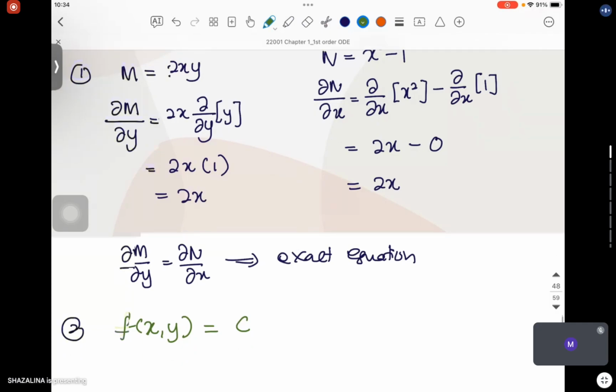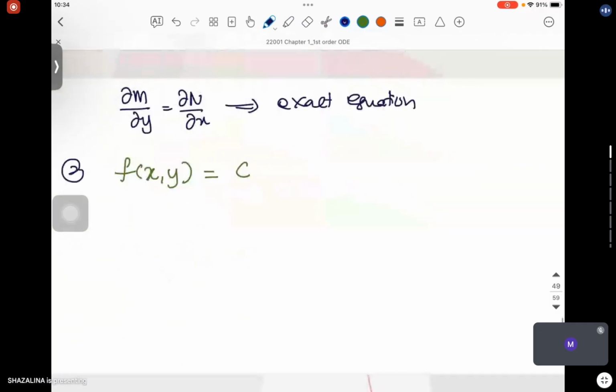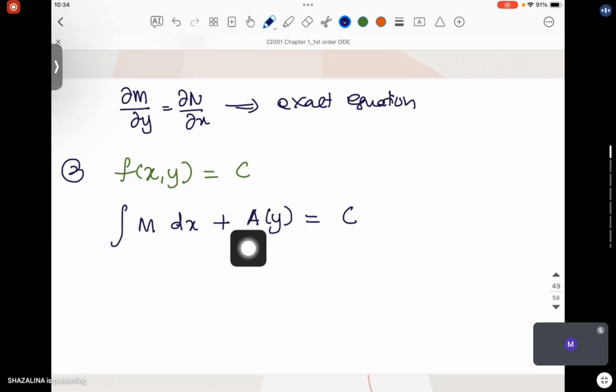So what is the f(x,y)? f(x,y) is integrate M with respect to x plus another unknown function of y, equals to c. Okay, mana datang formula ni? From the method of solution number 2.